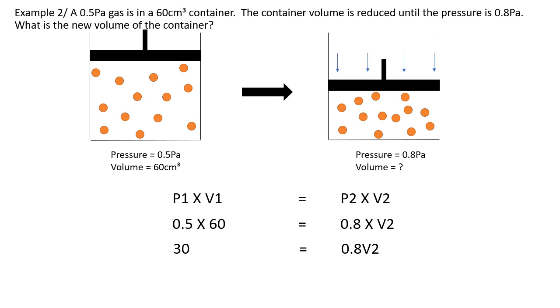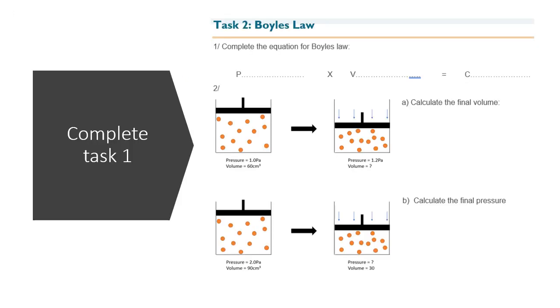So now to get V2 I need to divide by 0.8. So 30 divided by 0.8 is 37.5 centimeters cubed. Now pause the video and try task 1.